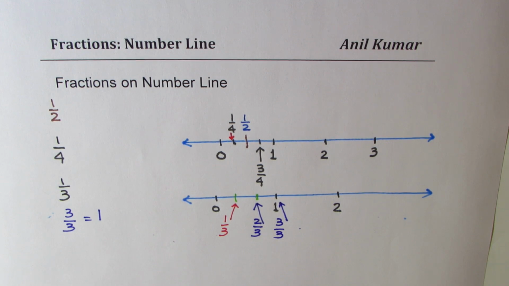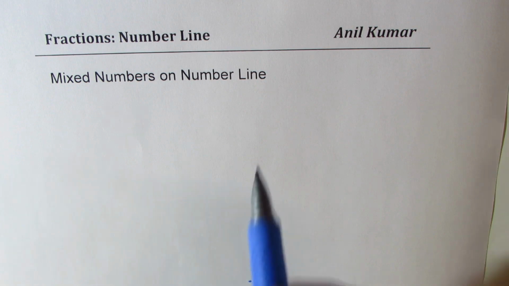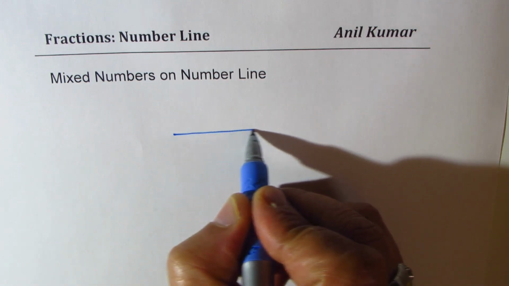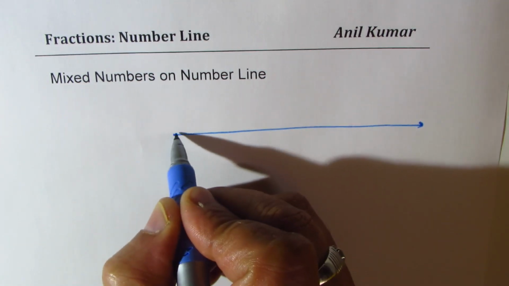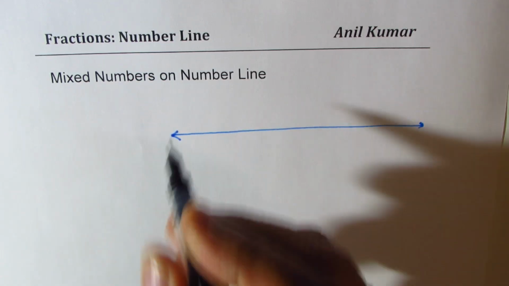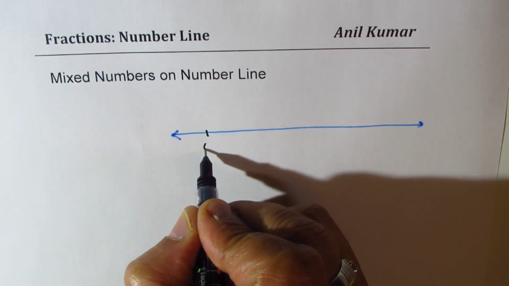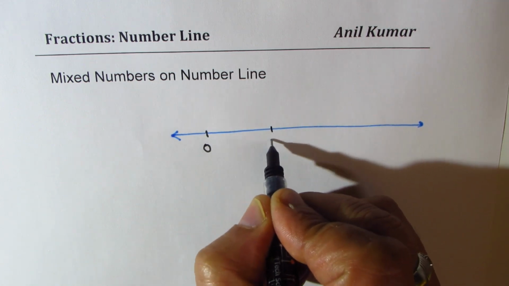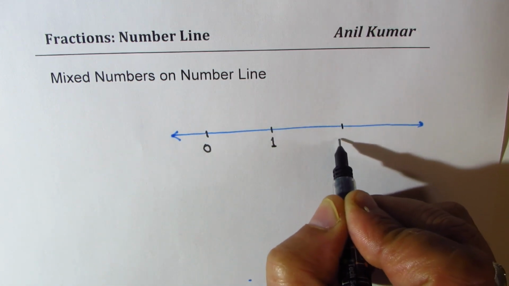Now we'll take up examples where we will put bigger fractions on a number line. Here we'll try to understand how to put fractions bigger than 1 on a number line. So let's say this is our number line starting with 0. Here we have 1 unit, then we have second unit.